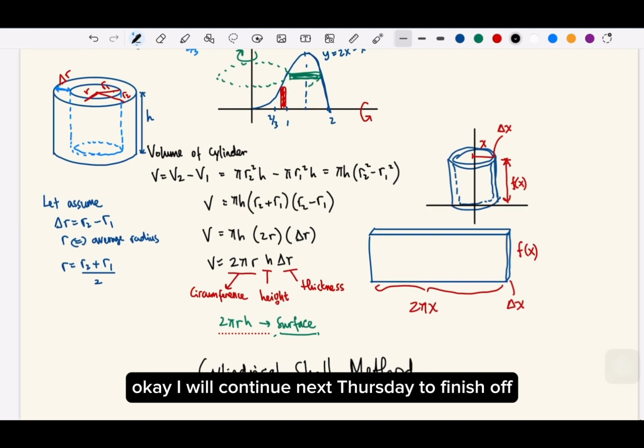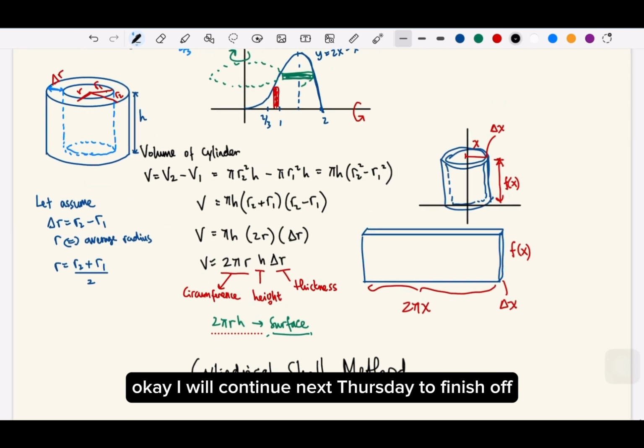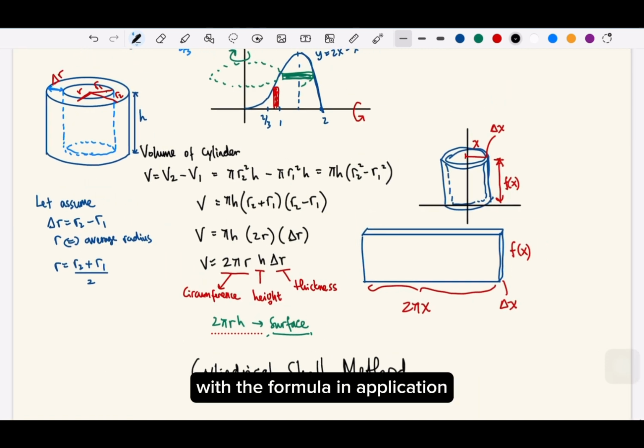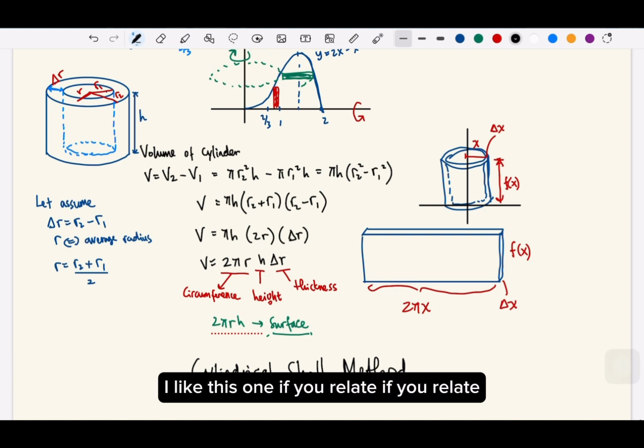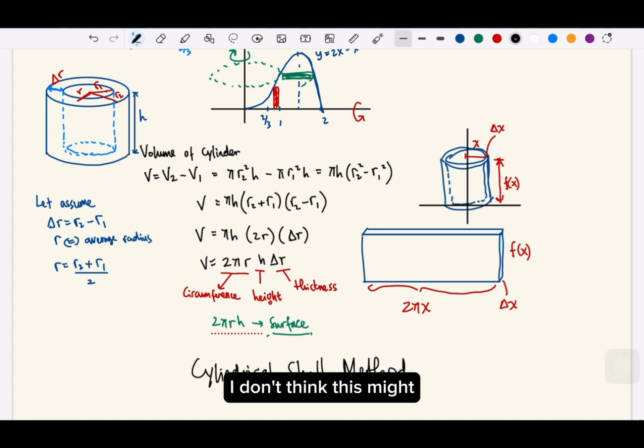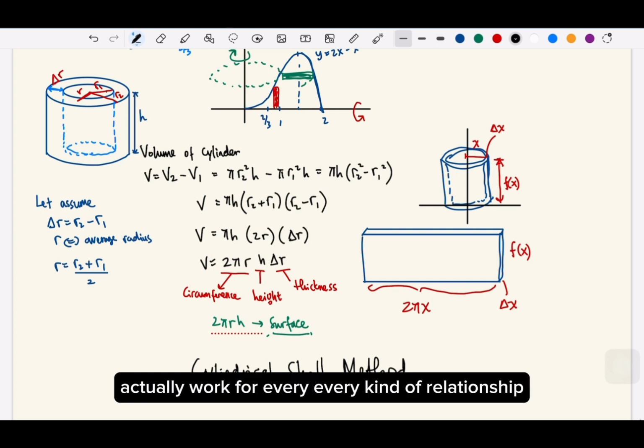Okay, I will continue next Thursday to finish off with the formula and application in integral. Like this one, if you rotate to y-axis, I don't think this method will work. So cylindrical shell actually works for every kind of condition.